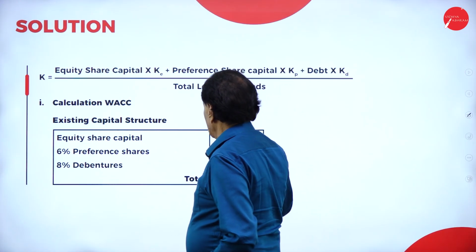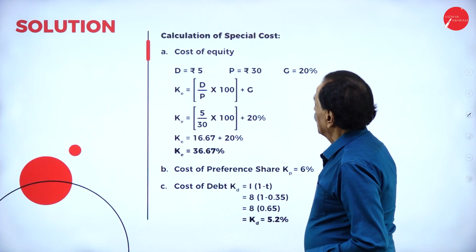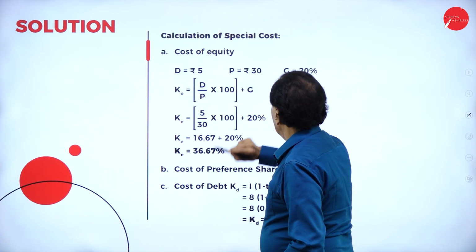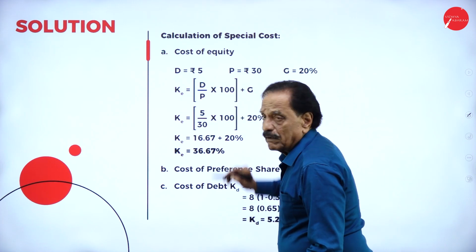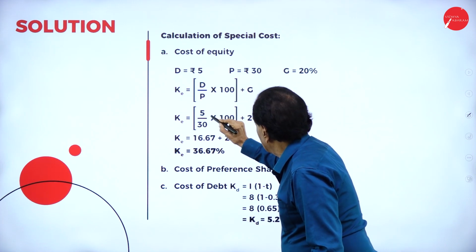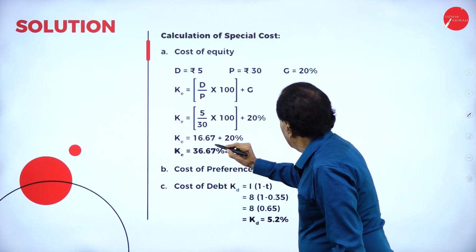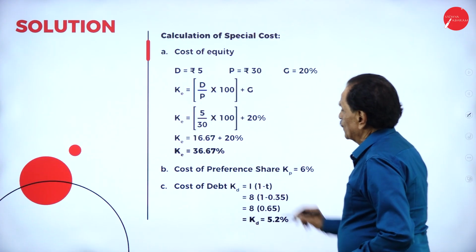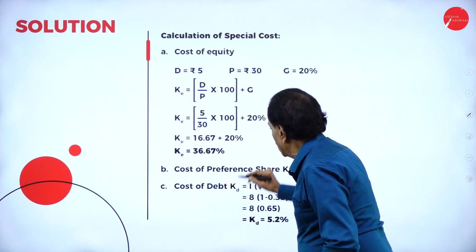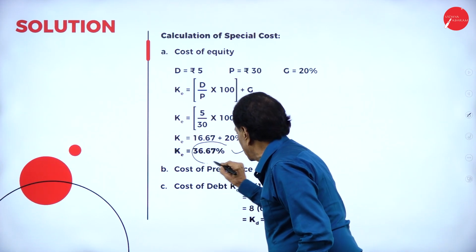This is the existing calculation, the existing 90 lakh. Cost of equity: D is 5, price of the share 30, G is 20%. It is dividend divided by market price of the share into 100 plus growth rate: 5 divided by 30 into 100 plus 20%, it works out to 16.67 plus 20%, which is 36.67 percent.